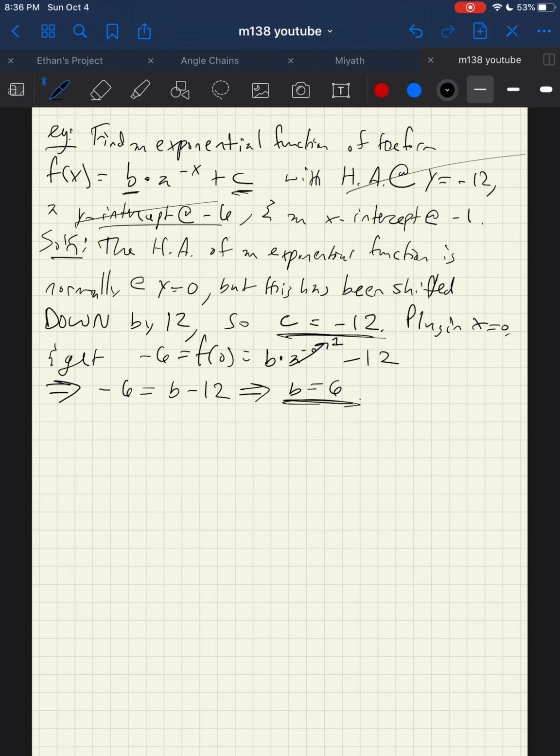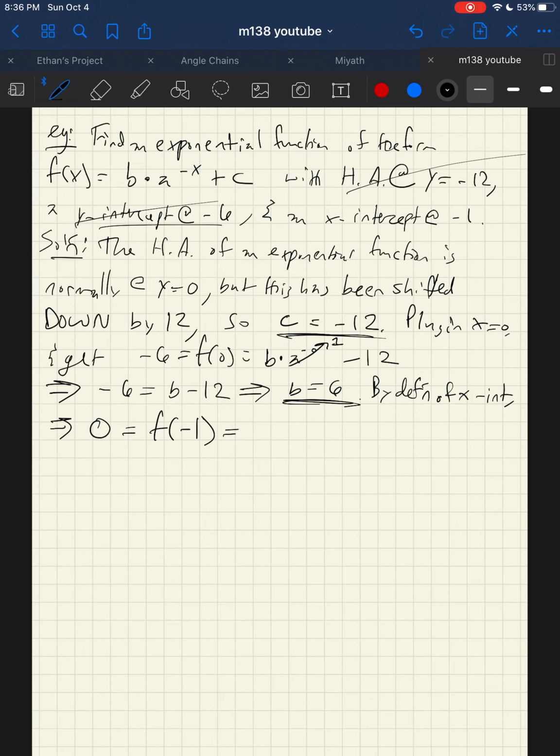So right now, I know b and I know c, and all I need to find is a to completely describe my function. When I just look at a function, I don't necessarily know where the roots are, but since this was given to me here, by definition of x-intercept, I have that 0 equals f of, well, what was that x-intercept?